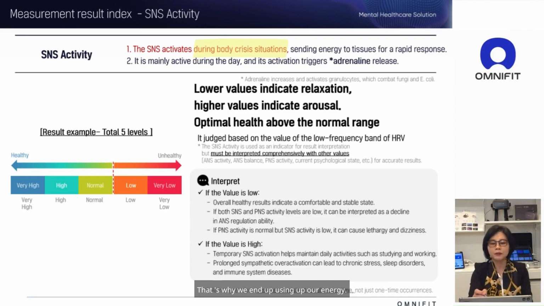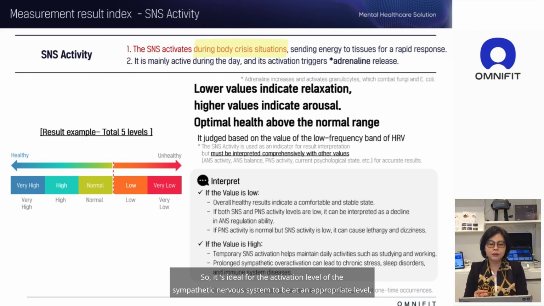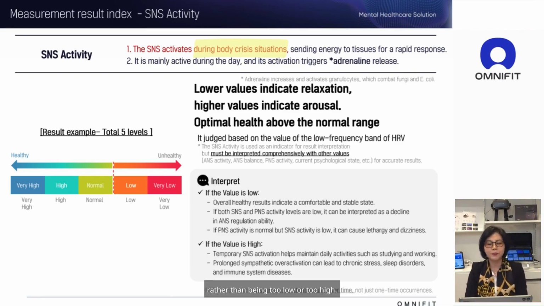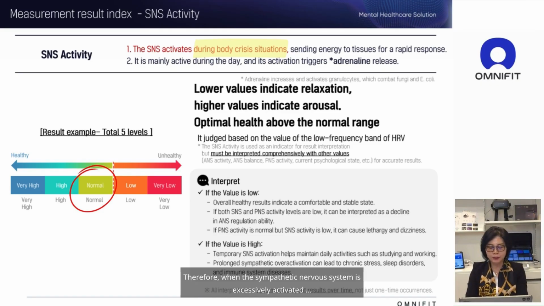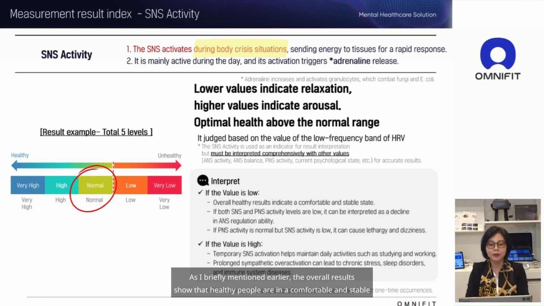That's why we end up using up our energy. So, it's ideal for the activation level of the sympathetic nervous system to be at an appropriate level rather than being too low or too high. Overall, the results show that healthy people are in a comfortable and stable state.